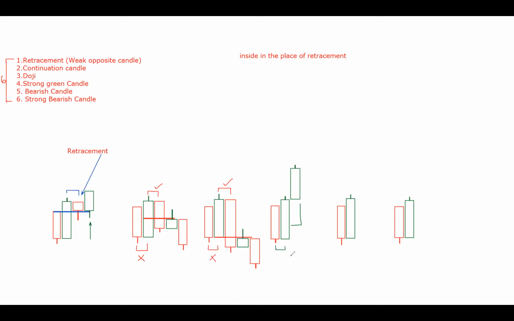Ignore the engulfing pattern and take the 3 outside up. How many possibilities does 3 outside up have? 6. So wait for the retracement. At the 50% of this candle, you will find the retracement candle. Then you have to trade.